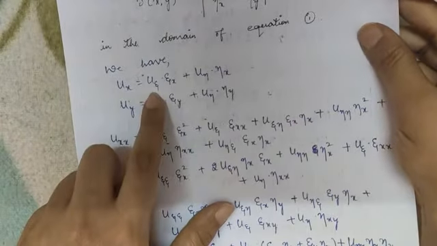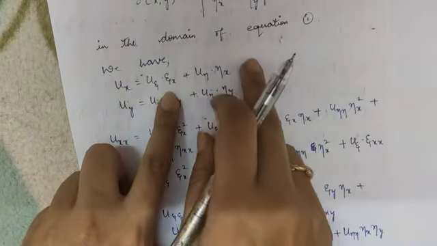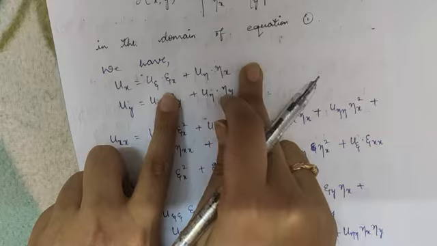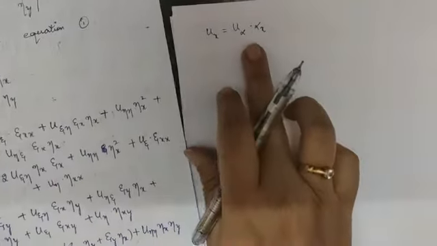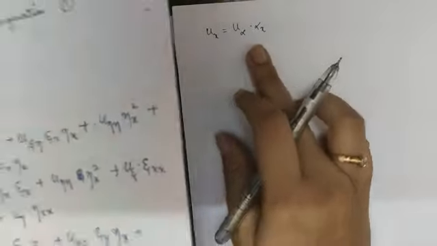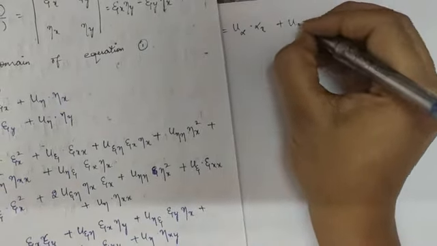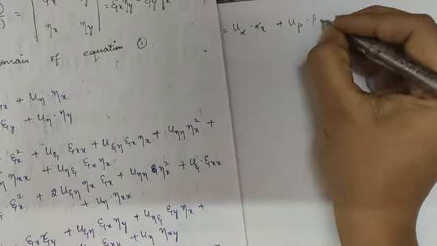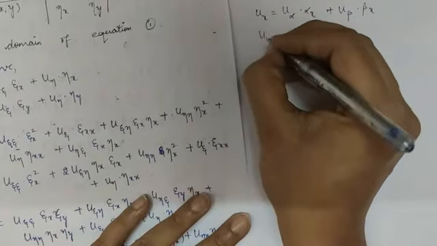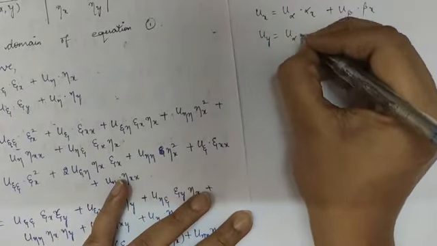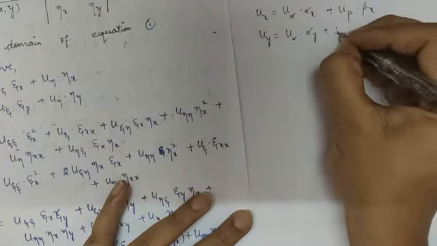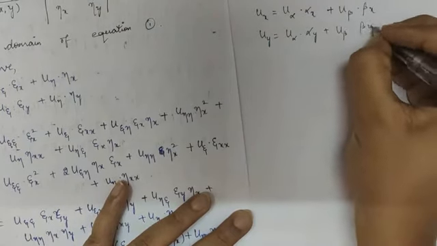Here it was u xi into xi x, since it was the xi eta plane. Now I have the alpha and beta plane. For that, the formula will be in this form. This is ux. Similarly, uy will be u alpha into alpha y plus u beta into beta y.